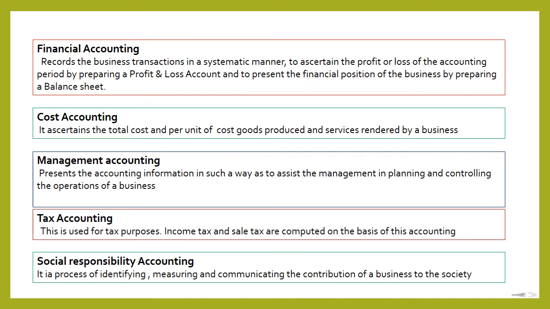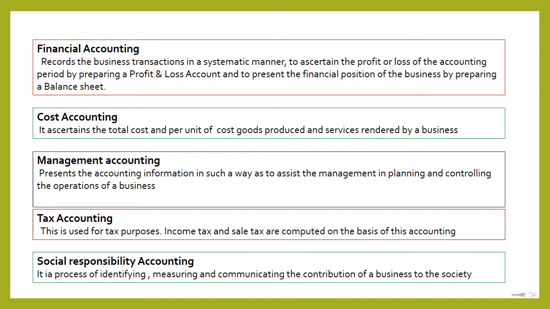Now let us see what these accounting procedures are. The first one is financial accounting. Financial accounting records the business transactions in a systematic manner to ascertain the profit or loss of the accounting period by preparing the profit and loss account, and the financial position of the business by preparing the balance sheet.